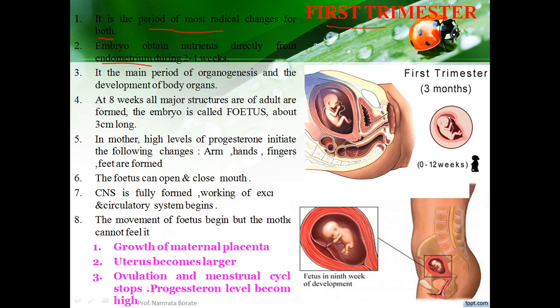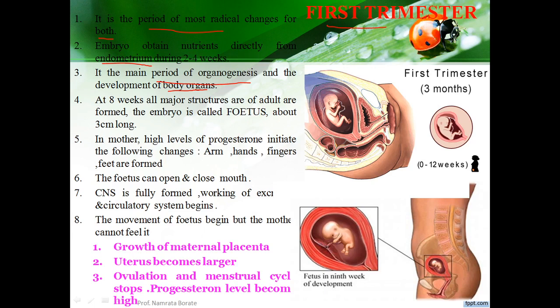It is the main period of organogenesis, meaning the development of the body organs, because of the 3 germ layers that are formed: the ectoderm, mesoderm and endoderm. All these 3 germ layers result in the formation of the organs. That's the organogenesis process which occurs in the first trimester.